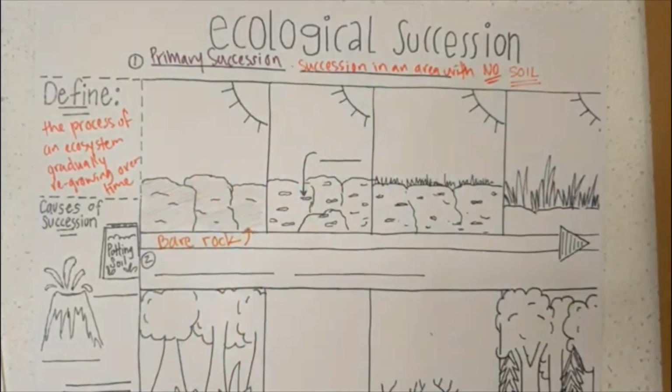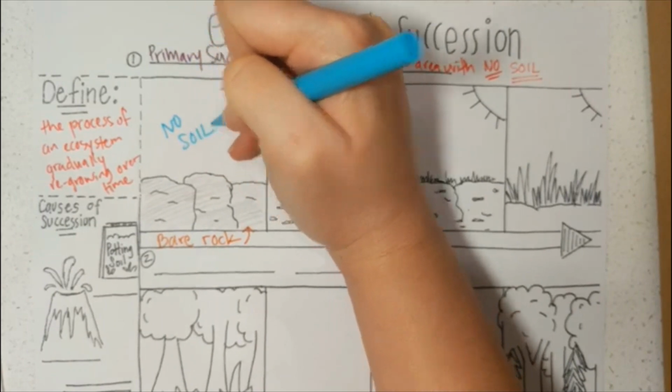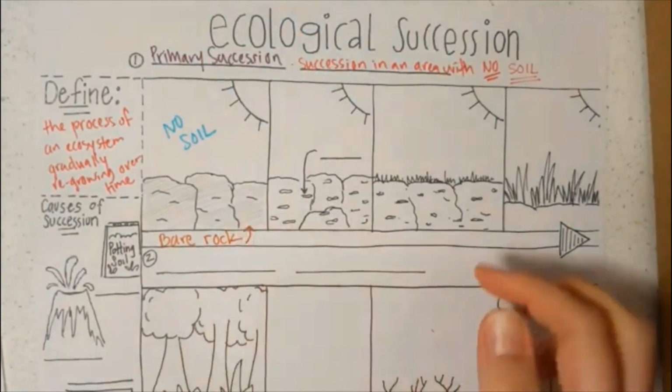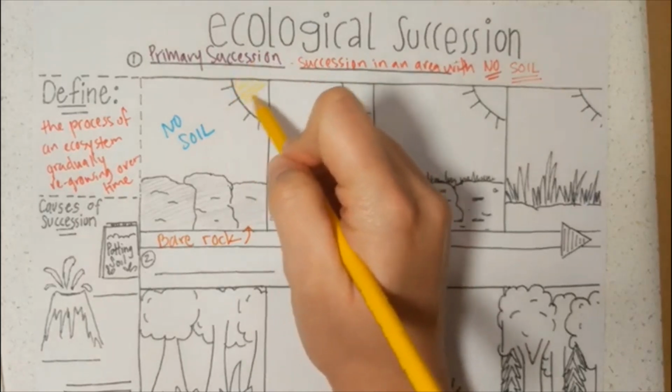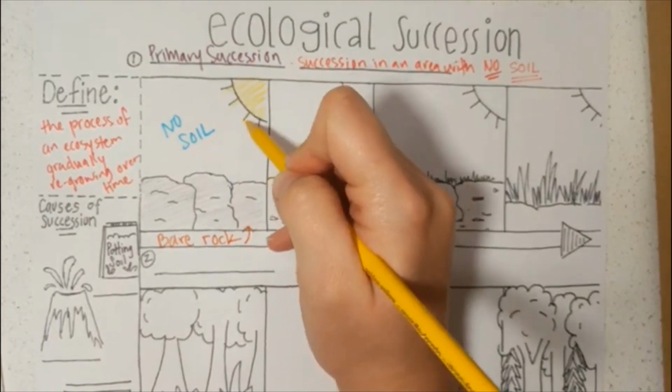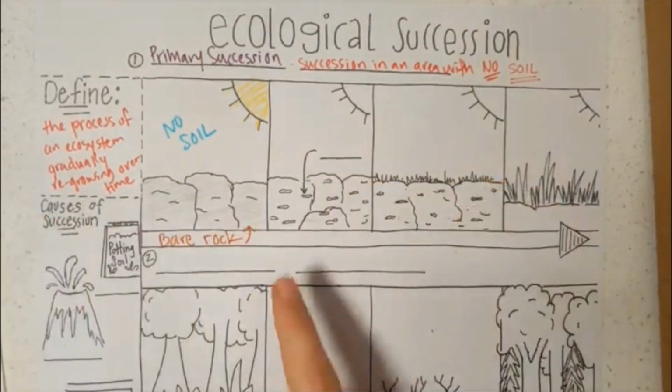And I'm going to remind myself that because this is bare rock, there is no soil. All we have is bare rock, some sunlight, and then I'm assuming there'd be some water at some point, right? Rainfall, all that good stuff. But that's how primary succession starts.